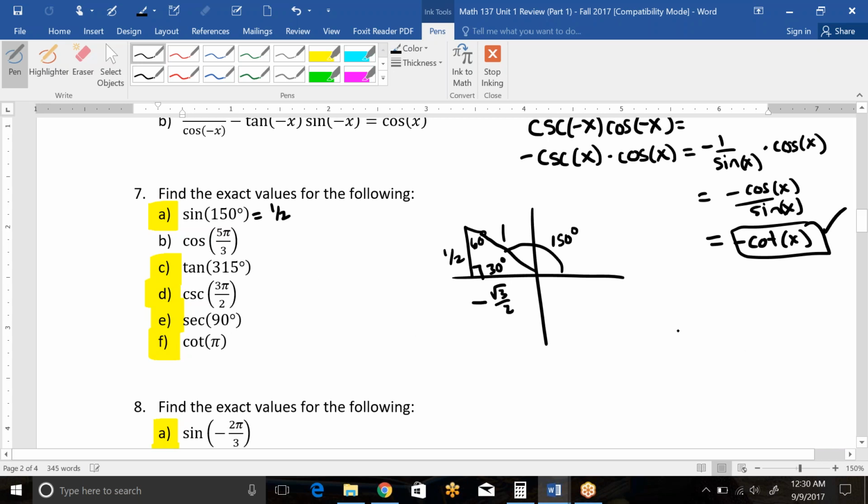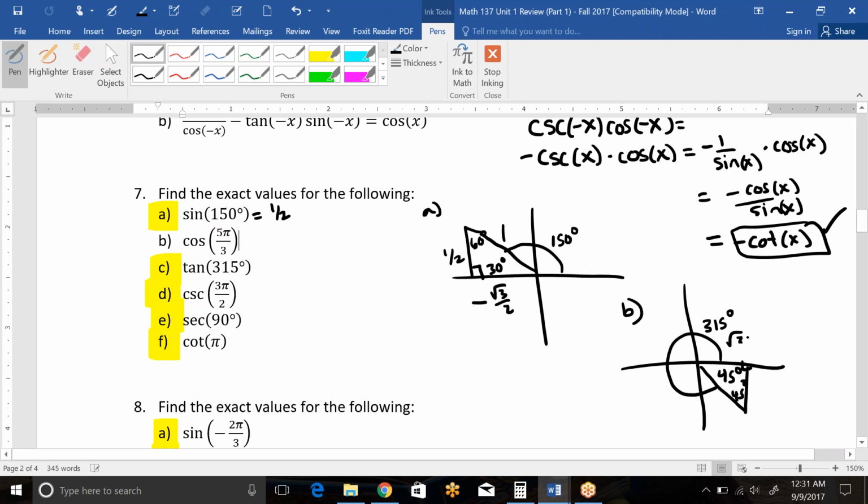Tangent of 315, so I'm going to draw a little picture for each of these. So this was A. And now if you have your unit circle filled in, remember, because I said I'm going to give you some time to fill that in, you shouldn't have to draw all these pictures. But 315 is all the way in quad 4, and it gives you a 45 degree reference angle. So that means that's a 45, 45, 90.